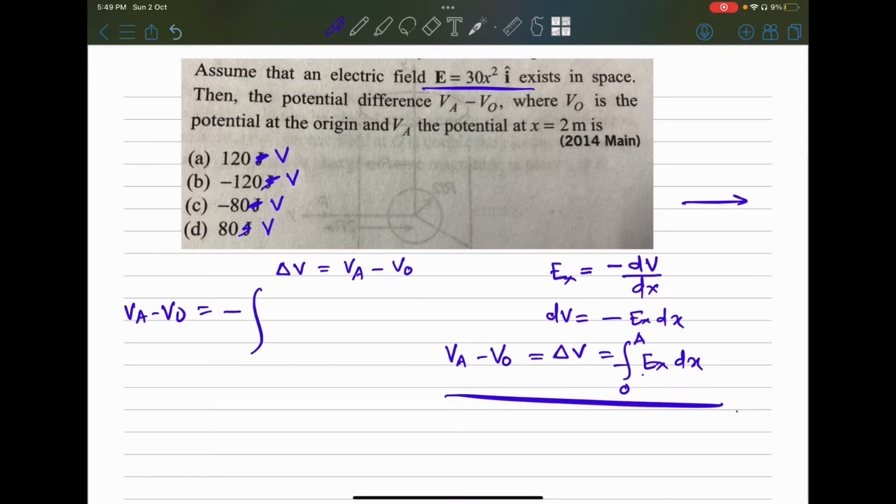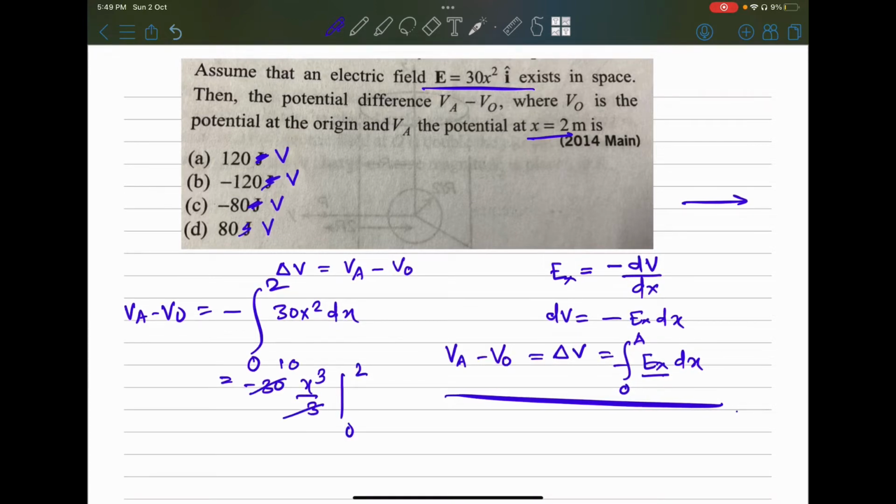Okay, what is Ex? In our case, it is 30x² dx, and the limit is from origin, that is 0, to A at 2 meter, so 0 to 2. Minus 30 will be taken out as a constant, and the integration of x² will be x³ by 3 from 0 to 2.